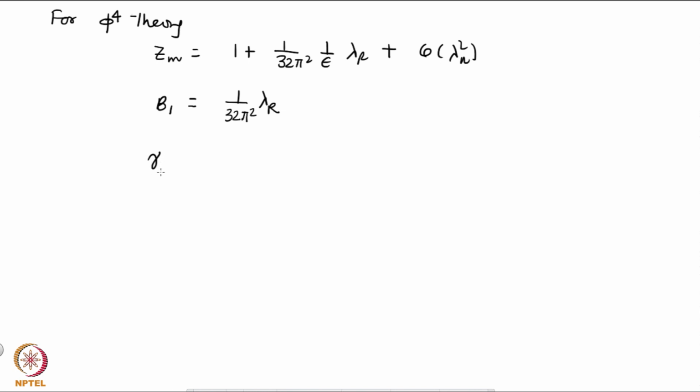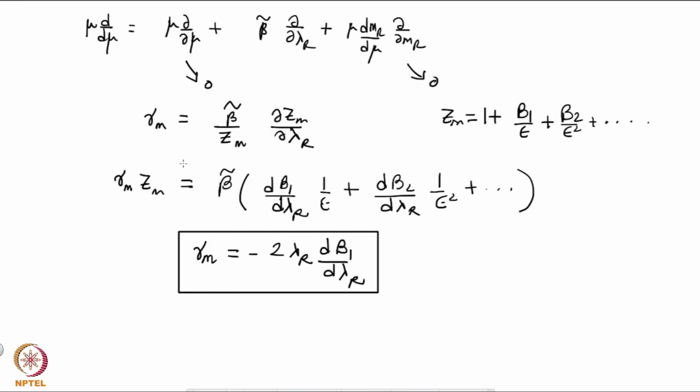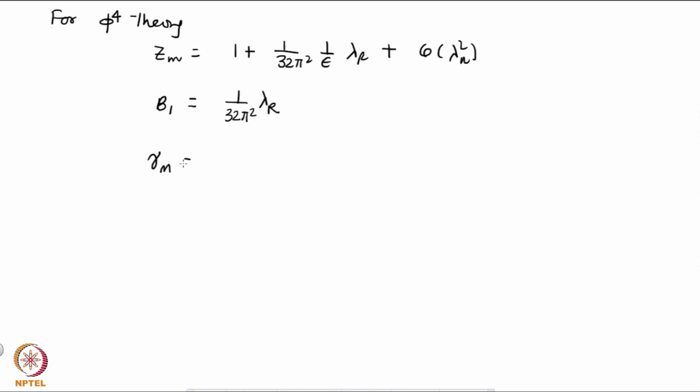So gamma m is minus 2 times lambda r times this factor, which makes it minus 1 over 16 pi square lambda r. So we have also an explicit result for gamma m in this phi to the 4 theory.